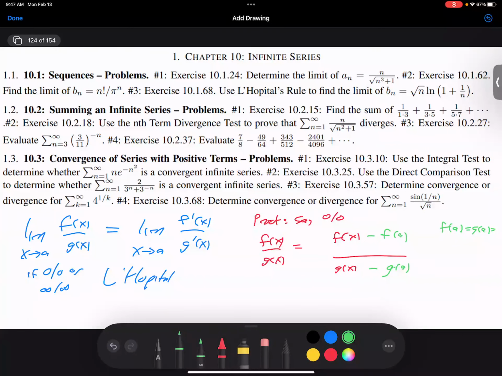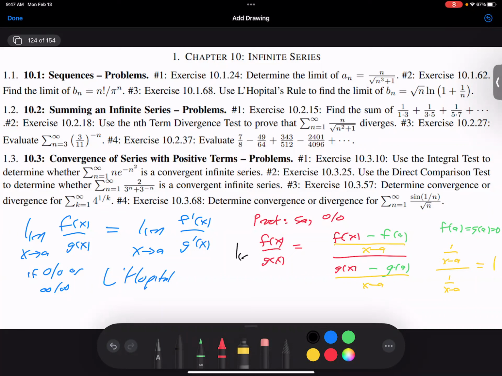So I'm assuming both f of a and g of a are 0. Can I divide both by x minus a? What is 1 over x minus a divided by 1 over x minus a? That equals 1. Wow, I mean, this is a great day. We've done nothing twice. Right, it's exhausting to do this little.